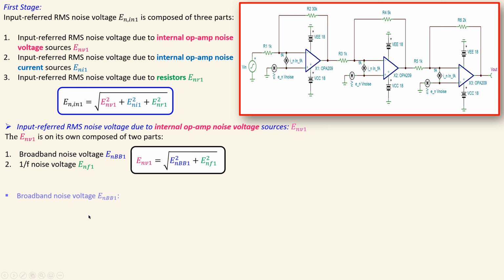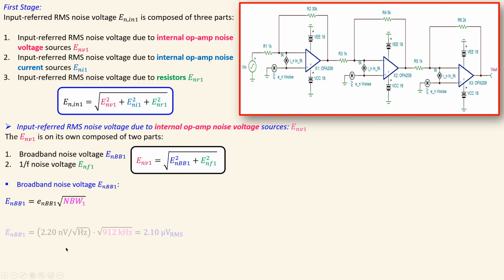So we need to first determine the broadband noise voltage. That is determined from the op-amp specifications. For that we need the input referred RMS noise voltage spectral density and also the noise gain. From the datasheet we had 2.20 nanovolts per root hertz, and our noise bandwidth was calculated to be 912 kilohertz for all stages.